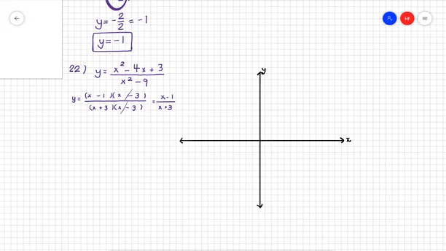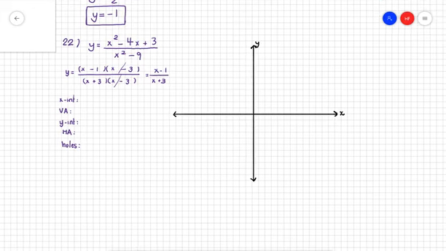So we need to find the x-intercept, the vertical asymptote, the y-intercept, horizontal asymptote, and then any holes. So the vertical asymptote is wherever the denominator equals 0.